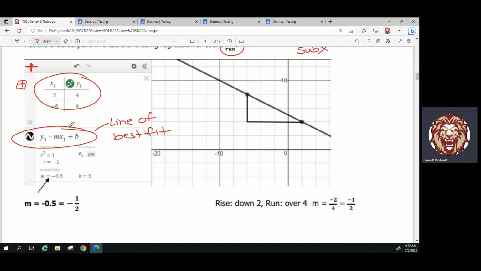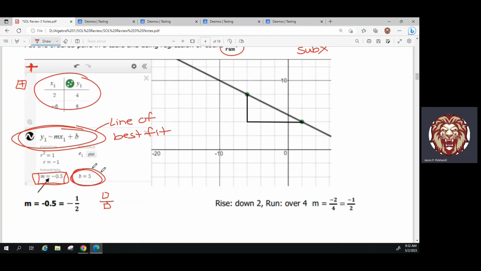But what that equation is going to do is it's going to graph the line that goes through those points, and then it's going to give you the slope. And of course, we typically report our answers in fractions, so you could always put negative 0.5 into the calculator and press the little fraction button to get negative 1/2.